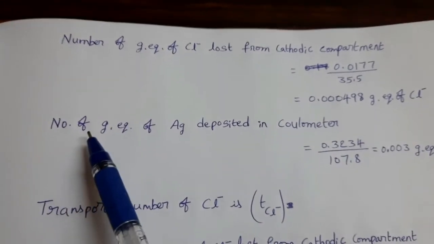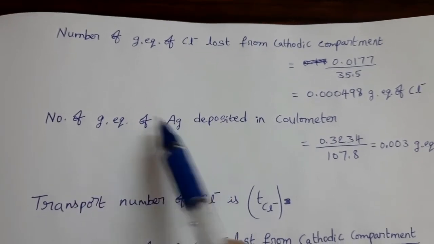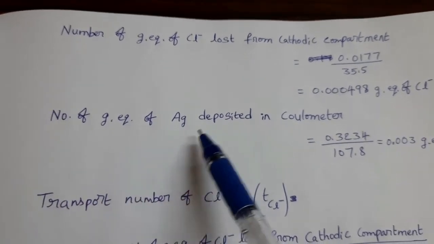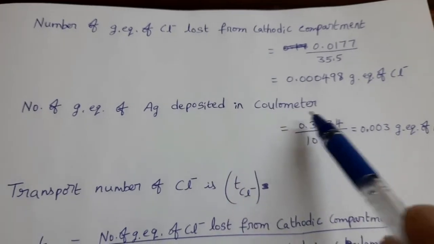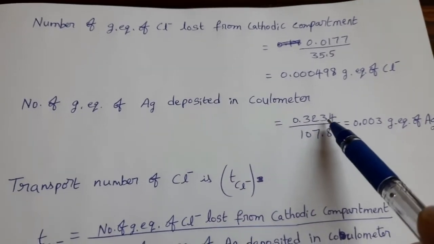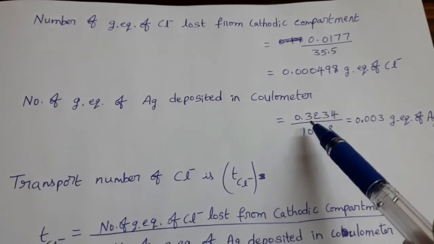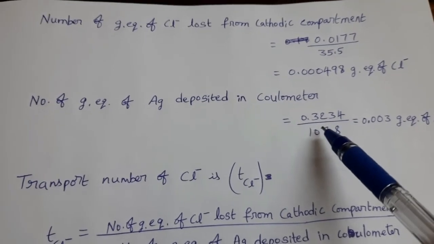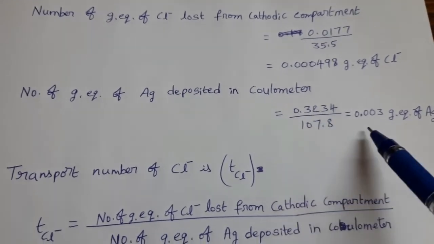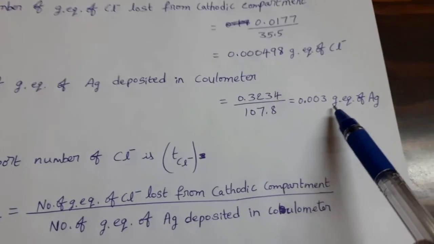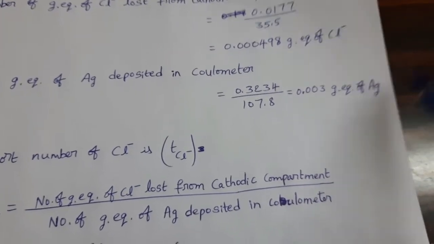In the same manner, we need gram equivalents of silver deposited. Number of gram equivalents of silver deposited in the coulometer equals weight of silver deposited, that is 0.3234 divided by 107.8, that equals 0.003 gram equivalents of silver.